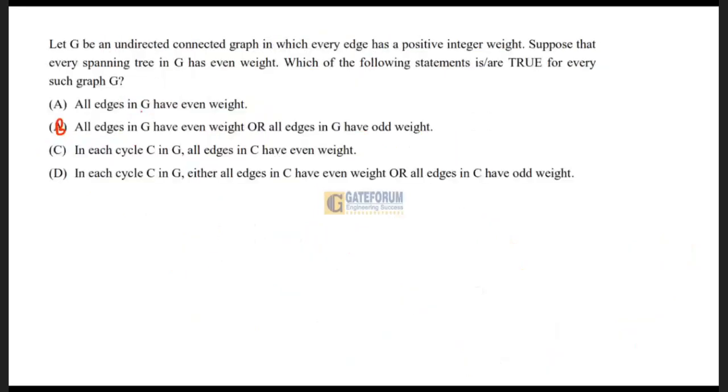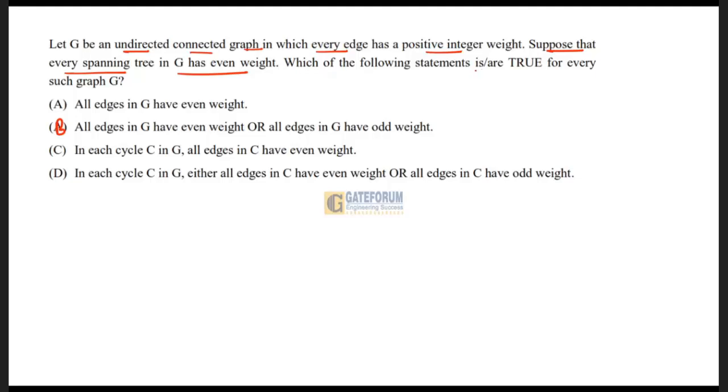The following question was asked from graph theory, and the subtopic is spanning tree, and it was asked for 2 marks. The question is as follows: let G be an undirected connected graph in which every edge has a positive integer weight. Suppose that every spanning tree in G has even weight.